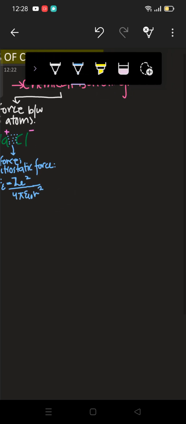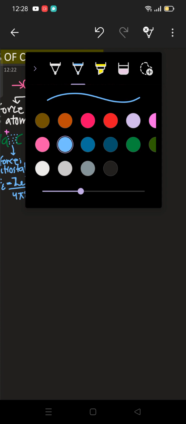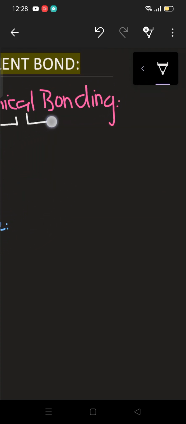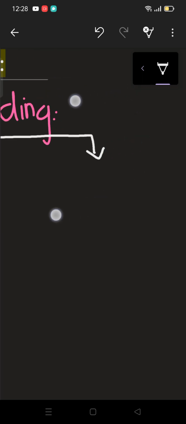Now we are going to see the actual bonding, right? Actual bonding. So sometimes there is a bonding between two atoms.